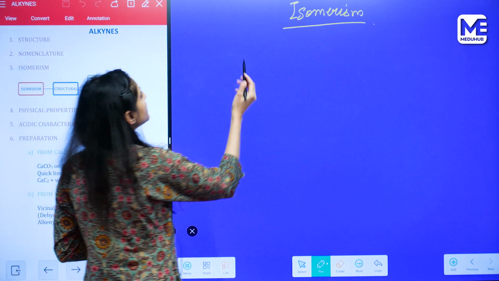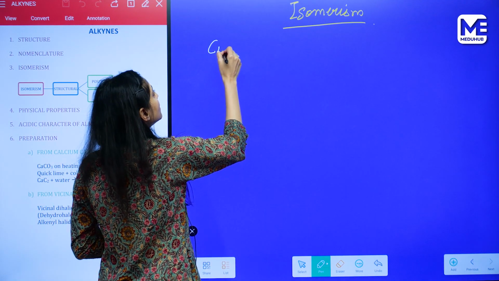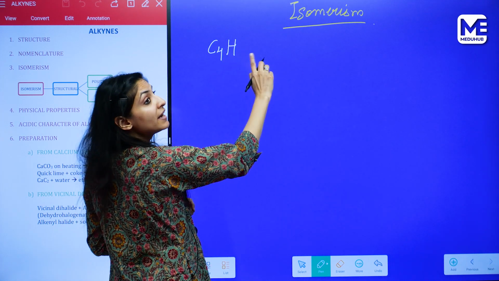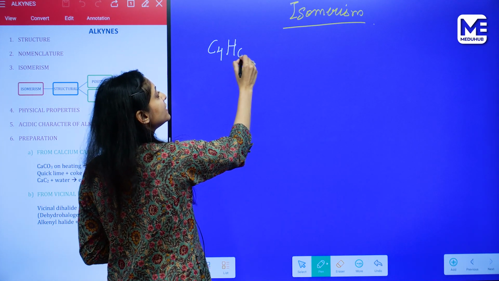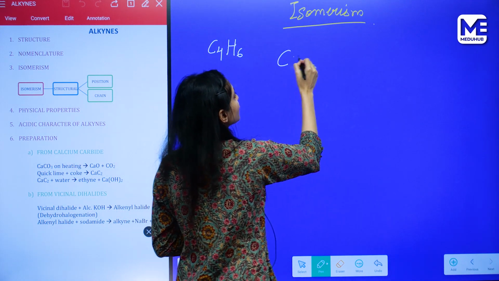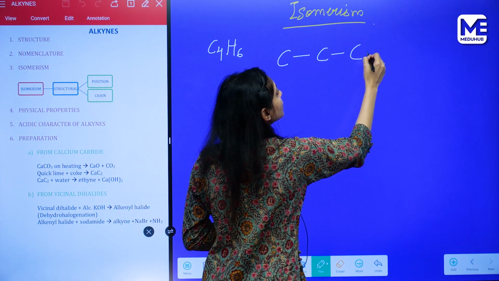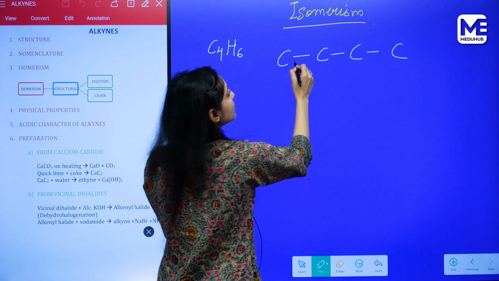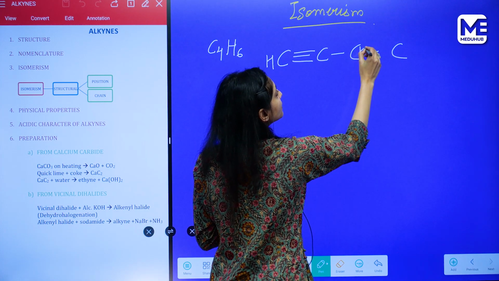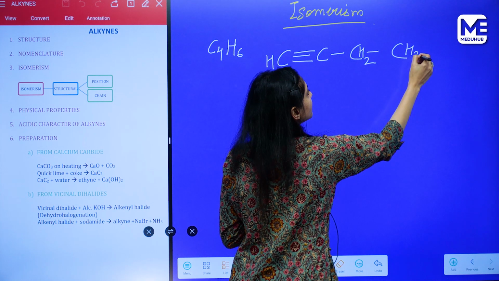Let us take one simple example of butyne. CnH2n-2: 4 times 2 is 8, minus 2 is 6, so C4H6. For the butyne molecule, we can draw two structures. 4 carbons in a chain. The triple bond is here, CH≡C-CH2-CH3.